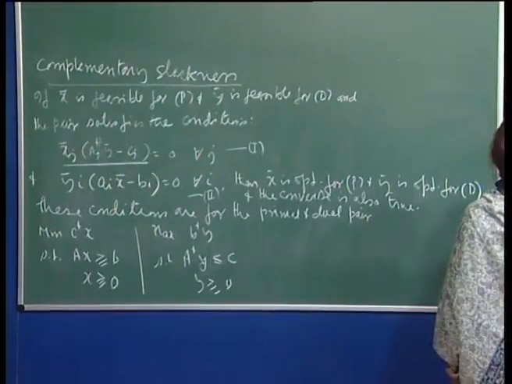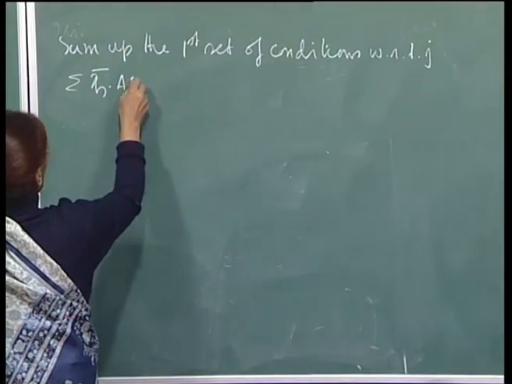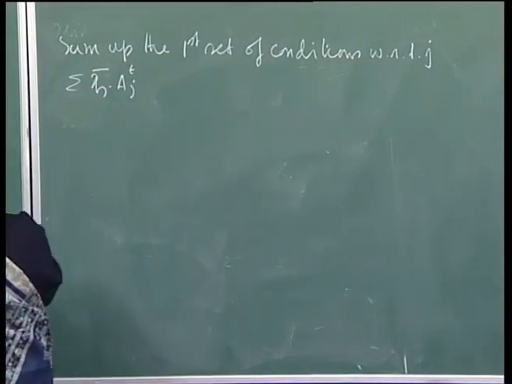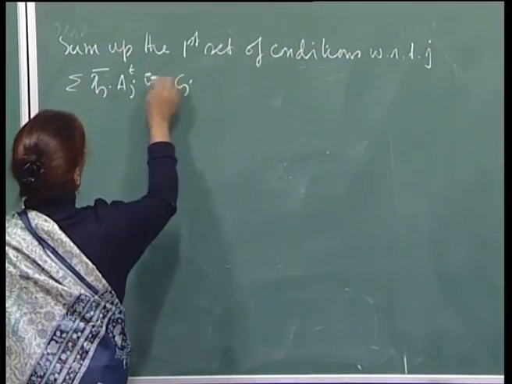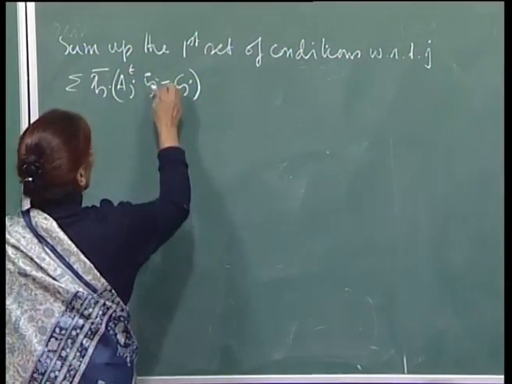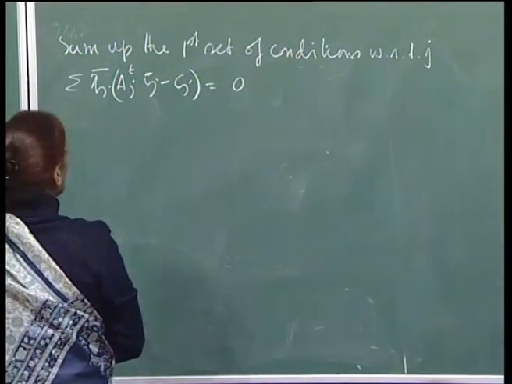That the summation of x j bar times (a j transpose y bar minus c j) is equal to 0.